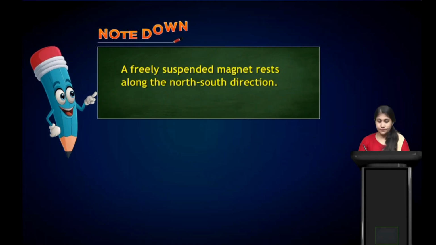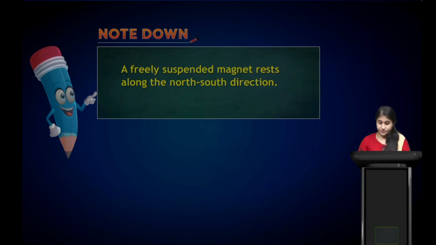Okay, so note this down: a freely suspended magnet rests along the north-south direction. We have studied this before. Okay.